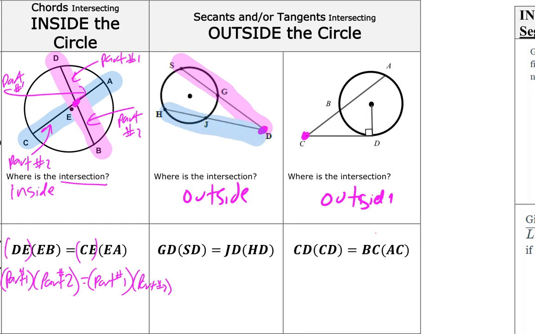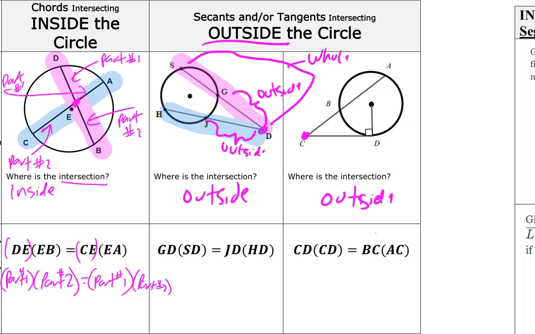Now when it's outside, we're going to think of two different ways. We're going to think of this part, which is the outside, and then we're going to think of it like this, which is the whole thing. Same thing on this one. This one is the outside, and then from H to D is the whole thing. So we're just going to separate those parts.